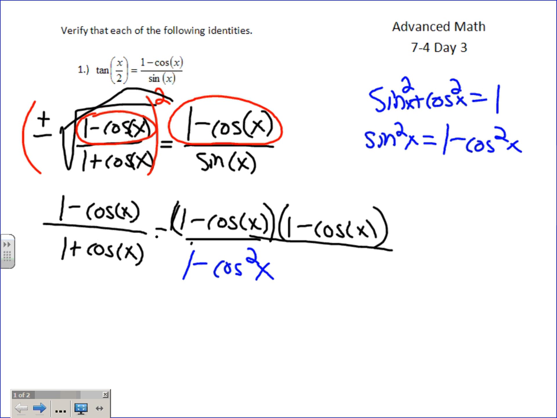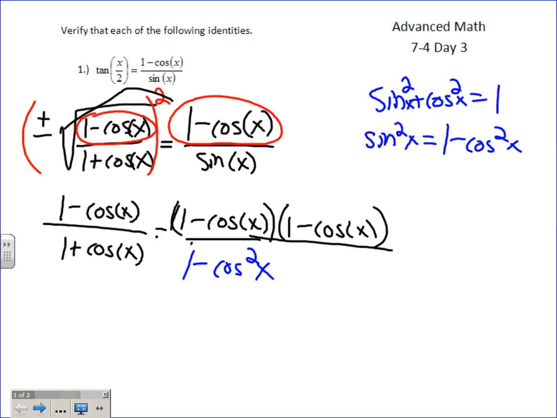And if you see this next one, you're ahead of the game. And then I'll show you how I would have done it. And then you're going to get really mad. 1 minus cosine squared is a difference of 2 squares.